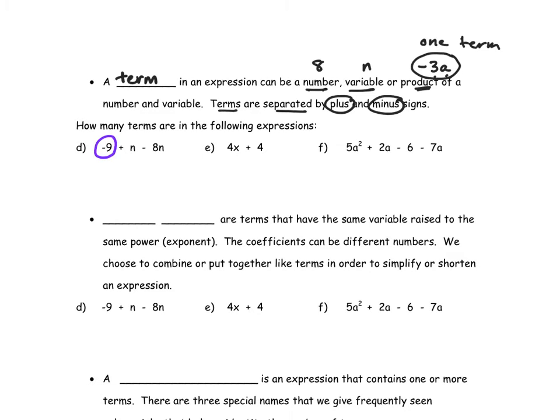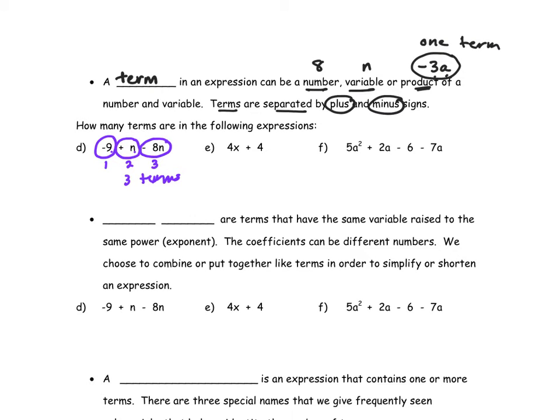So they have a number, a variable. This is a second term. I'm going to take that plus sign with the n, always the sign in front of it. And now I have a third term, which is the product of a number and variable. So 1, 2, 3. This expression has 3 terms.